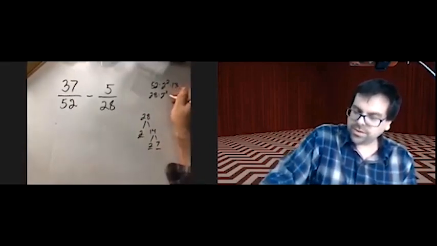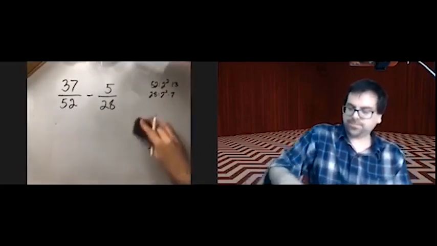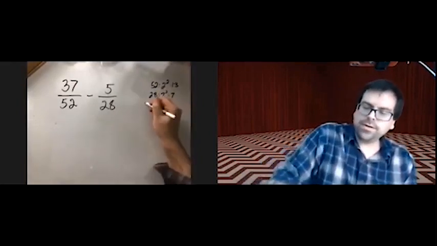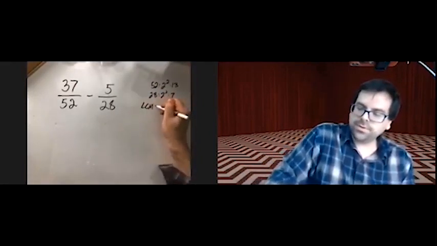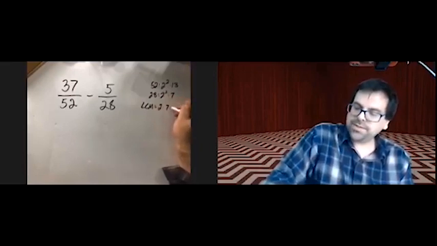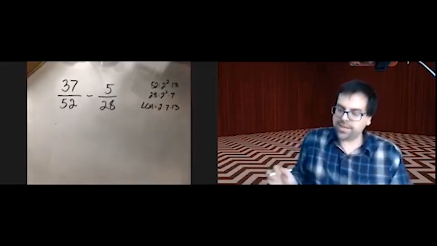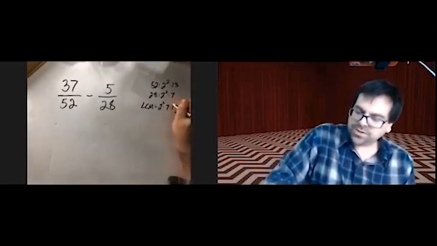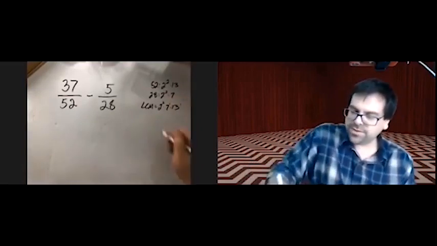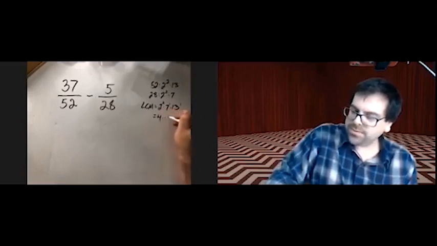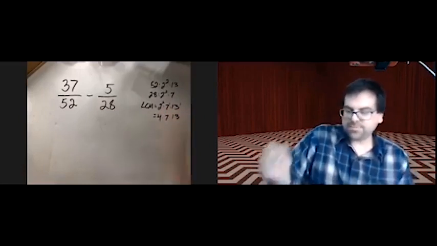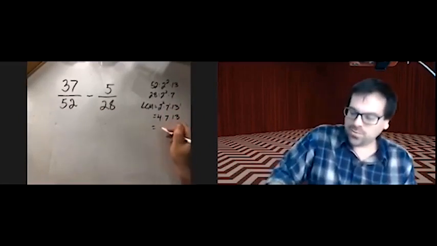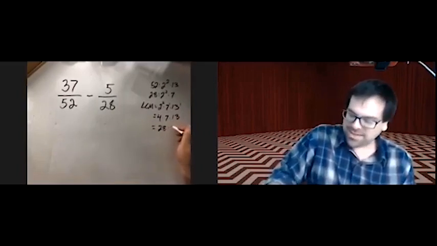So that's 2 squared times 7. The least common multiple would be 2 times 7 times 13. That's all our bases, raised to the highest shown power. So the 2 is squared, the rest are to the first. Least common multiple is 4 times 7 times 13, which is 28 times 13.